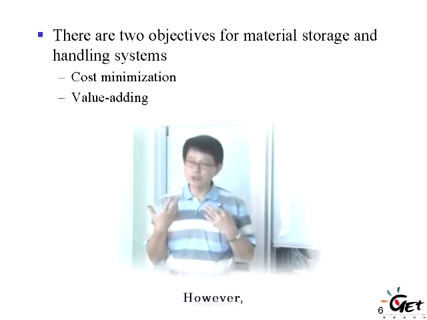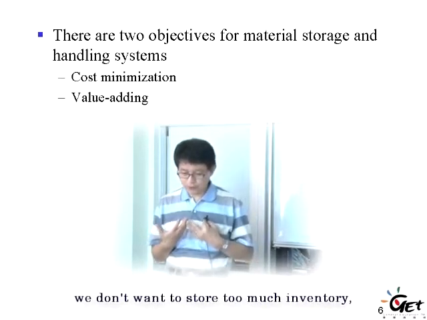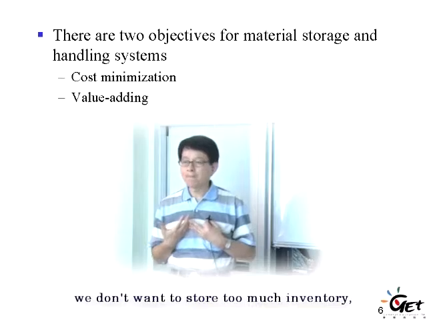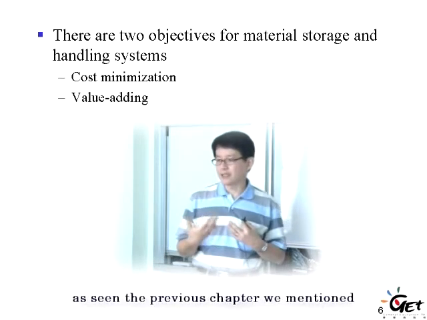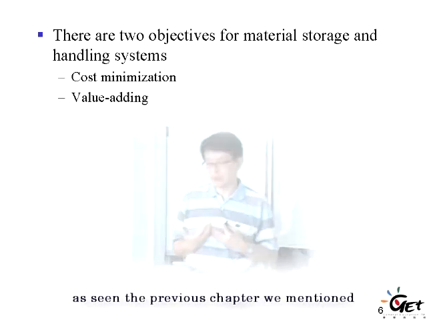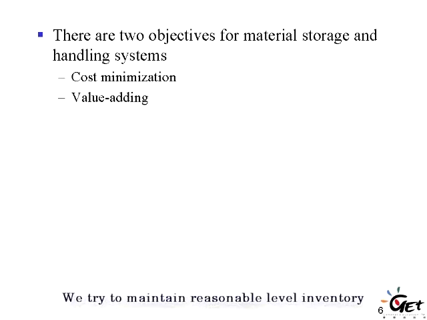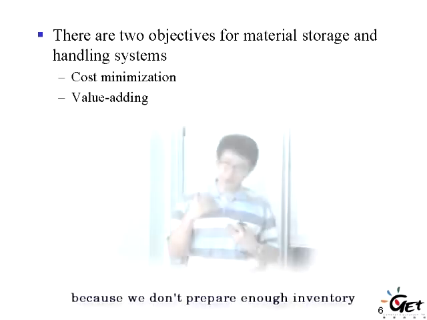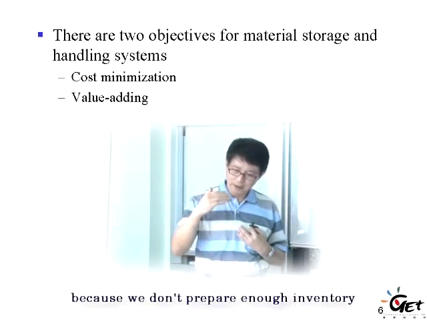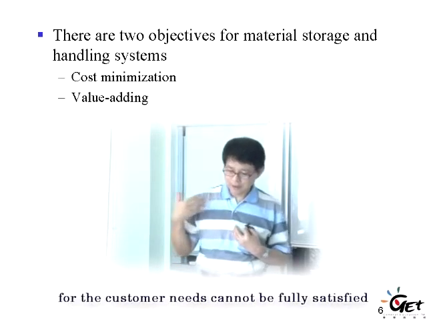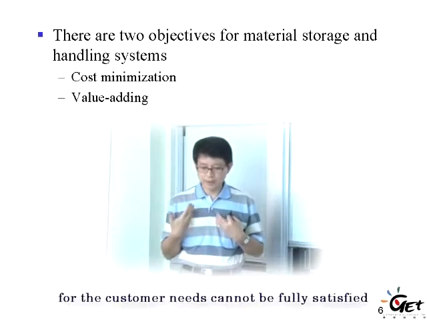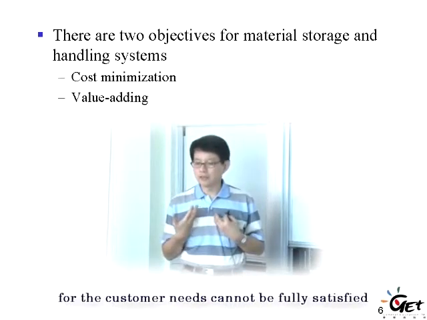However, we don't want to store too much inventory, right? As in the previous chapter we mentioned, we try to maintain a reasonable level of inventory. We don't maintain much more inventory than we need. Of course, we also don't want to prepare too little inventory, so that customers' needs cannot be fully satisfied.